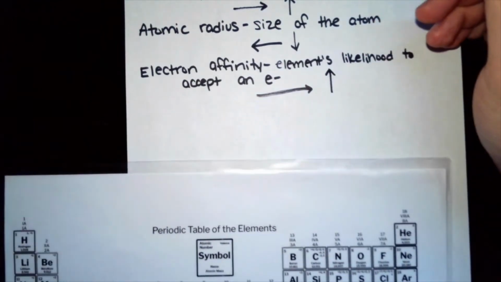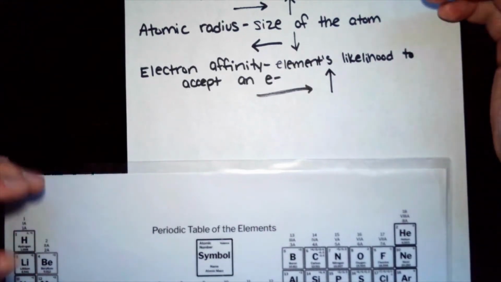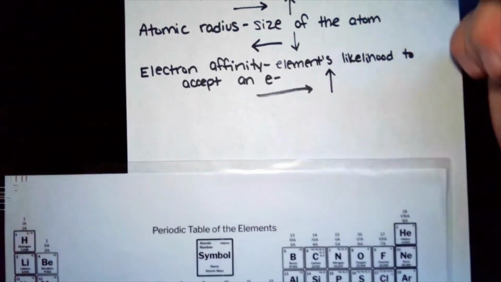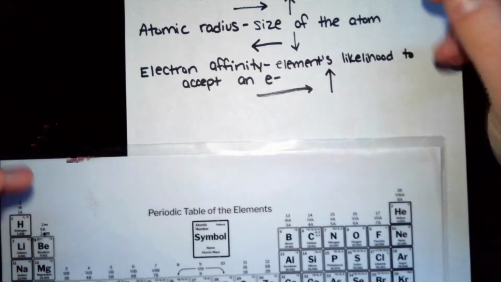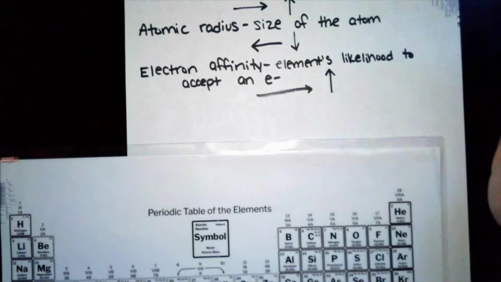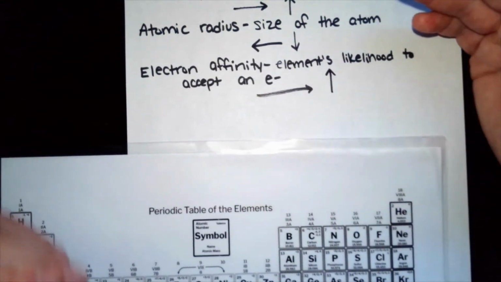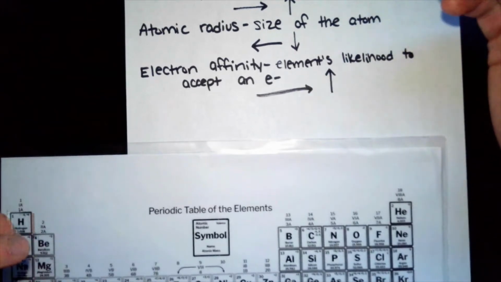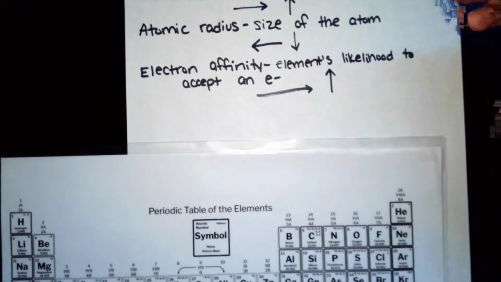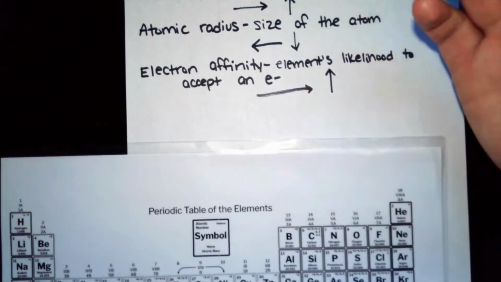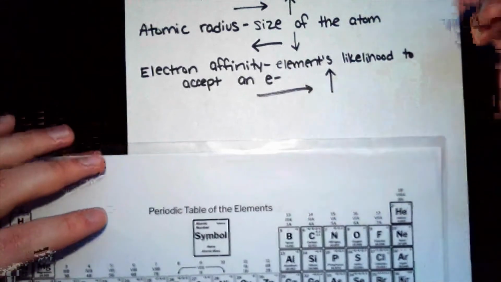So as you go up a group, generally speaking, the electron affinity increases. And the reason why is because as they get smaller when you go up, being significantly closer to the nucleus makes it that much more able to use that positive charge in the nucleus to attract electrons from other elements and become negatively charged.